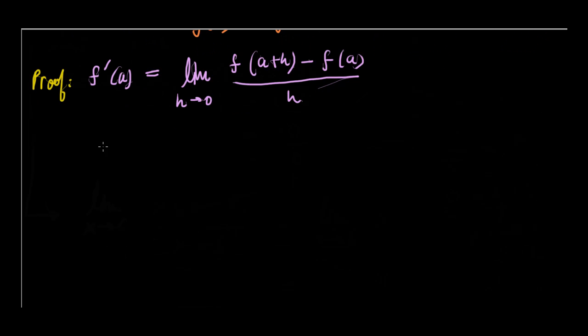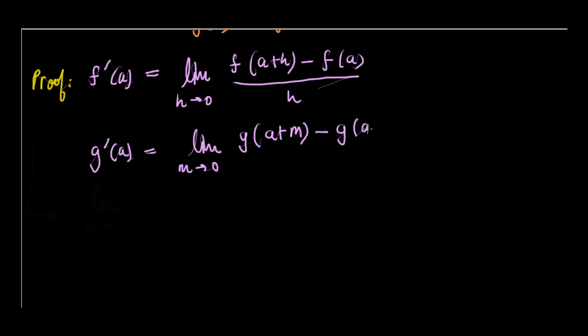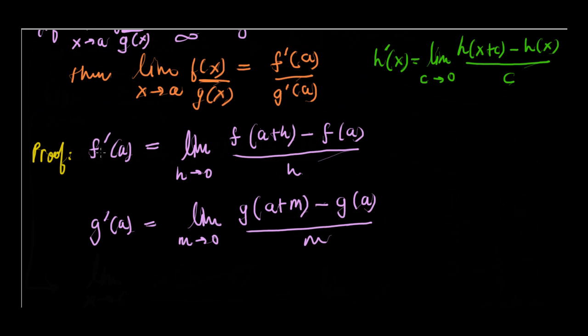And using the same thing, g prime of a will be equal to the limit as, let me choose another variable, I'm running out of variables, let's say m approaches 0 of g of a plus m minus g of a divided by m. So substituting these two values in this equation, I'm kind of proving the theorem. I'm proving that the right hand side will turn out to be the left hand side.